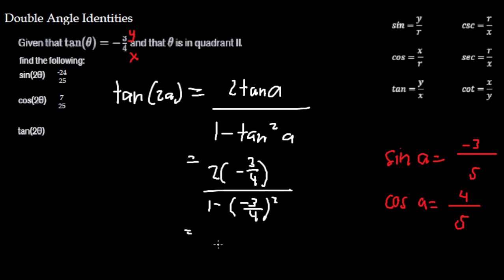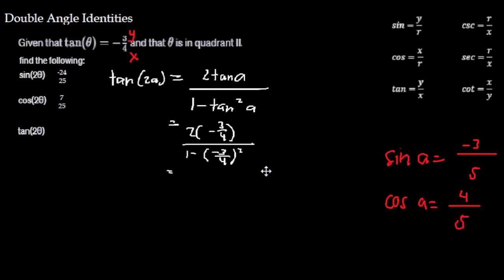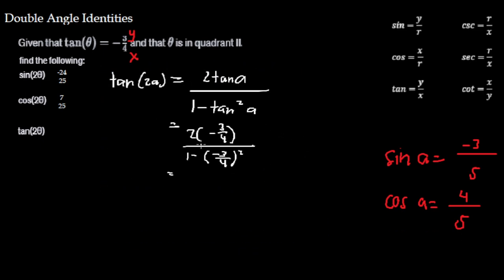Now, let's simplify. 2 times negative 3 over 4 will be 6 over 4, over 1 minus 9 over 16. Let us simplify the denominator first.